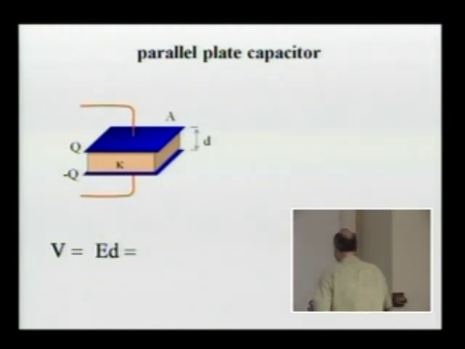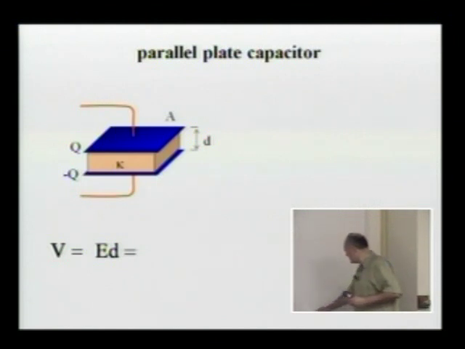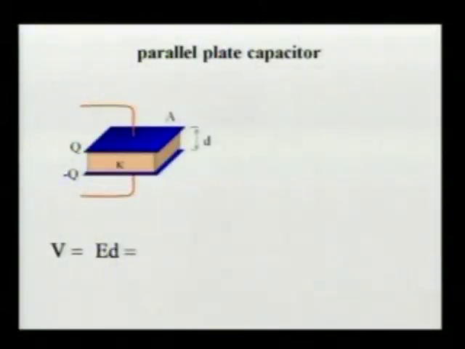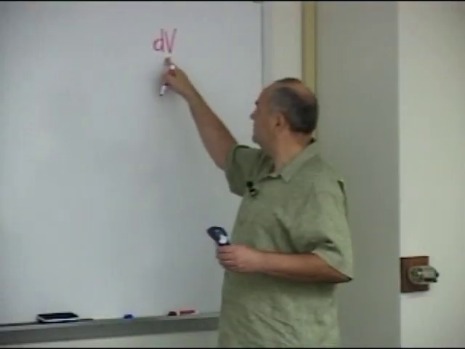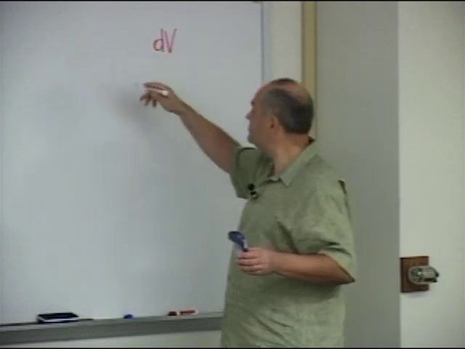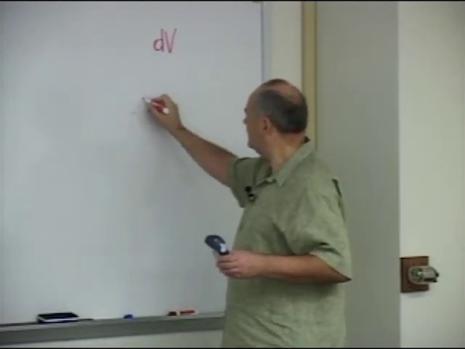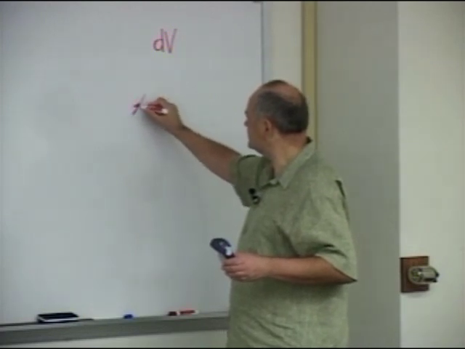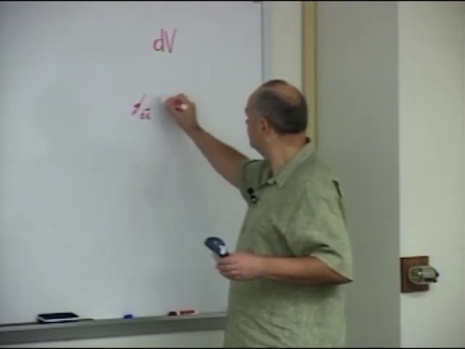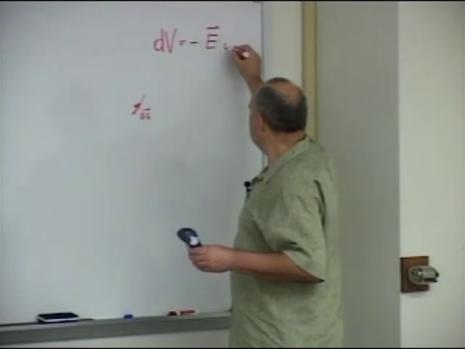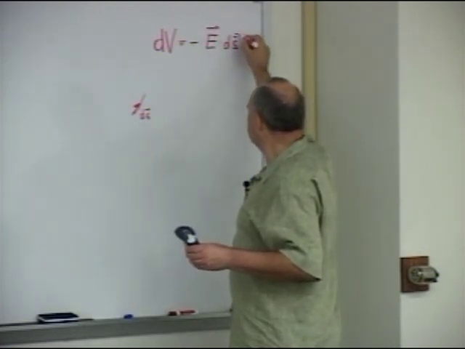Let me remind you that relationship. Differential difference in potential between two consecutive points along a certain path is opposite to scalar product E times ds.